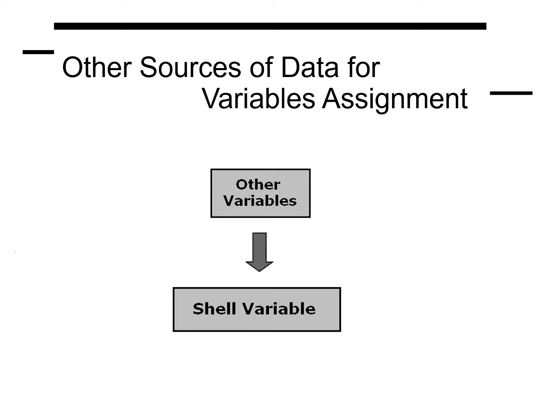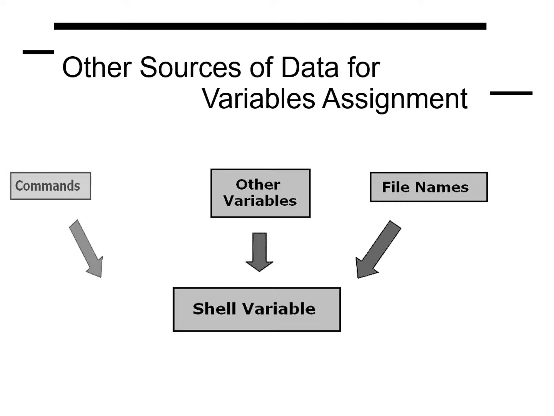The shell can assign values to a variable using file name substitution. As we have already seen in our first lesson, the shell will first substitute for the characters used as file name generation patterns, then assign the substitution string to the targeted variable. Finally, the shell can assign values to a variable using command substitution.